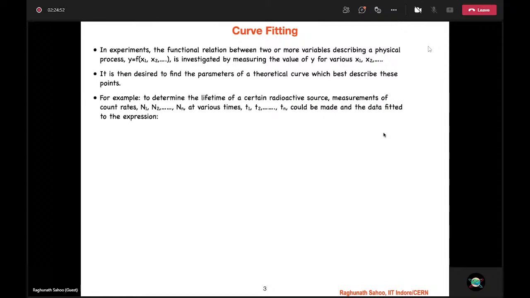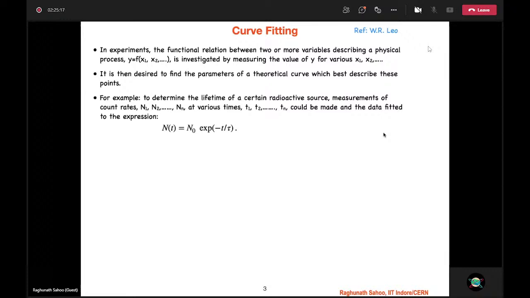So for example, to determine the lifetime of a certain radioactive source, measurements of count rates, which I showed you last time, N1, N2, ... Nn at various times t1, t2, ... tn could be made, and the data fitted to the expression N(t) = N0 exp(-t/tau).